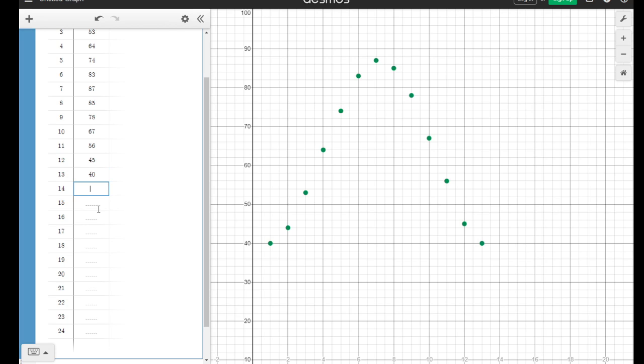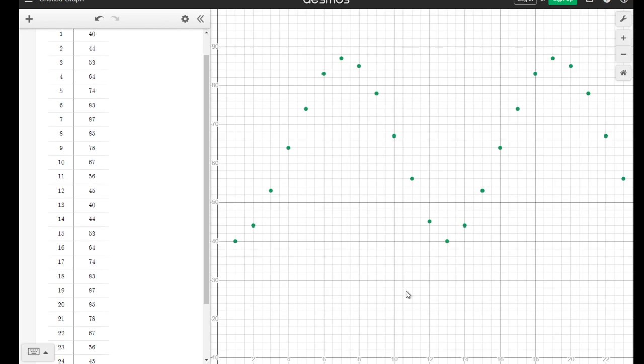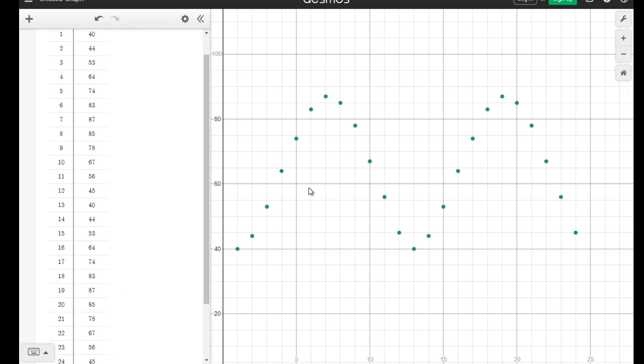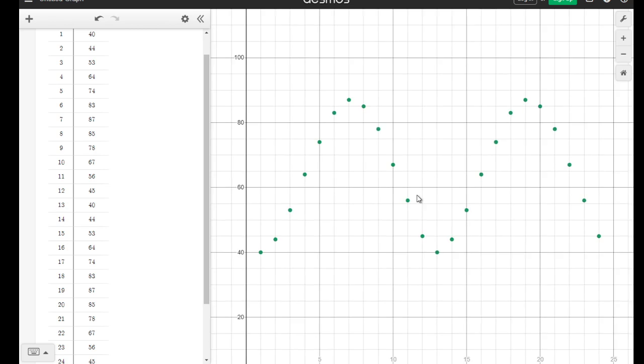So that's what I'm doing. I'm just copying the values again. And see how it's starting to fill in that table for me? 67, 56, and 45. So I just copied that twice. There it is. Now I can see my sine curve in here.